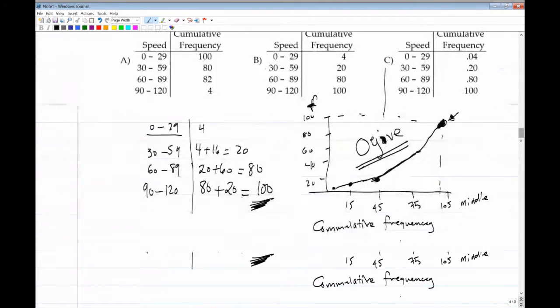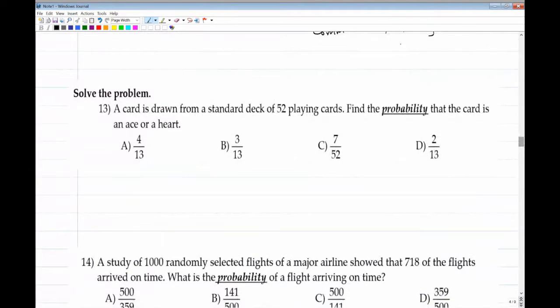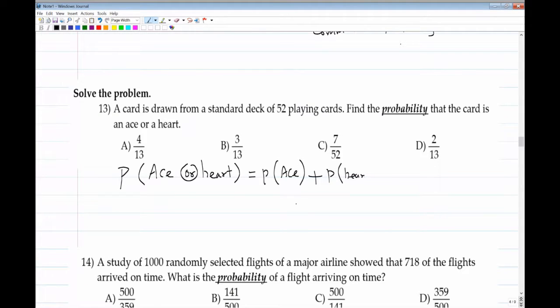So let's now look at the next problem, number 13. An ace was drawn from a deck. Find the probability of being an ace, or, here is the keyword right here, or heart. According to the rule of or, this is the probability of being an ace, plus, since the word or goes with the plus, the probability of a card being a heart.